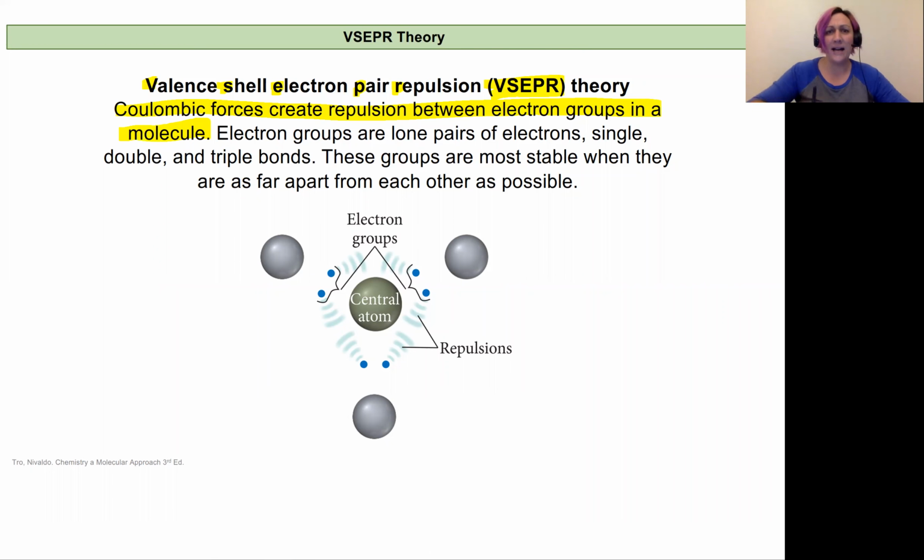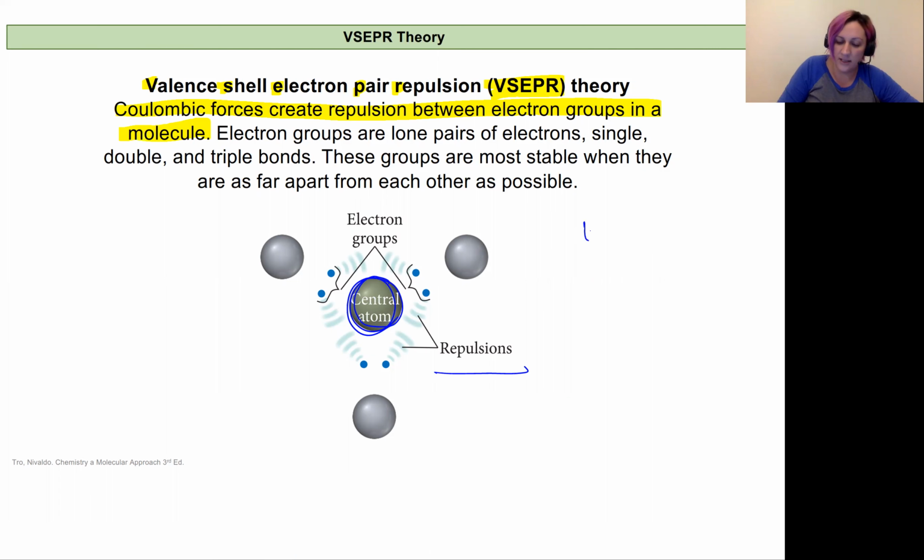That central atom piece is really key. So around this central atom, how do the atoms that are bonded or the lone pairs arrange themselves in space? It turns out they're going to try to get as far away from each other as possible, just to minimize the repulsions between those negative charges that repel one another.